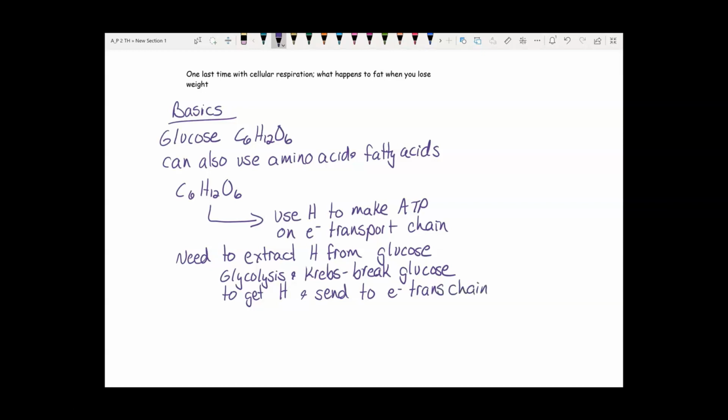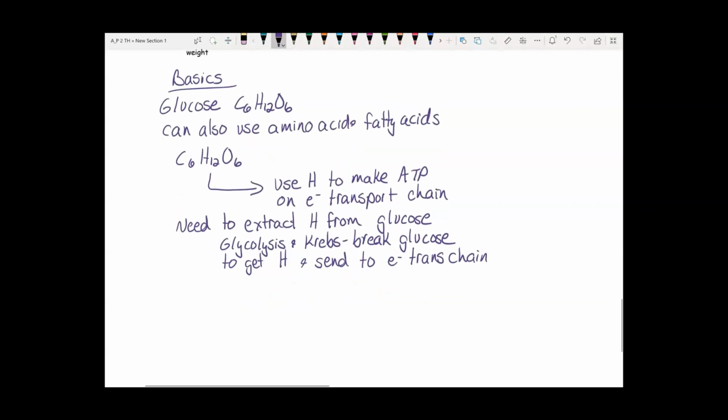And that's where you get the majority of your ATP. And remember, the hydrogen will basically push the ADP and the P together so that you get ATP. So remember, ADP is adenosine diphosphate, and then you add that extra P onto it, and you have adenosine triphosphate.